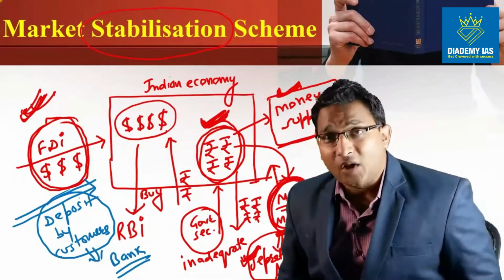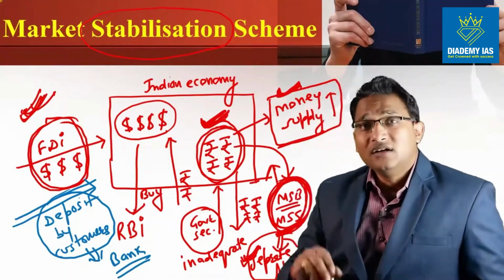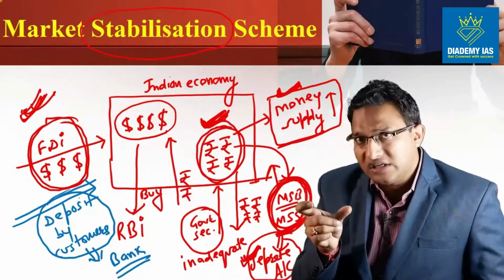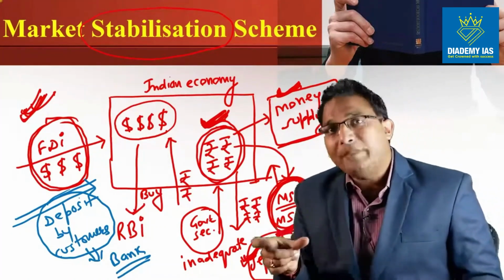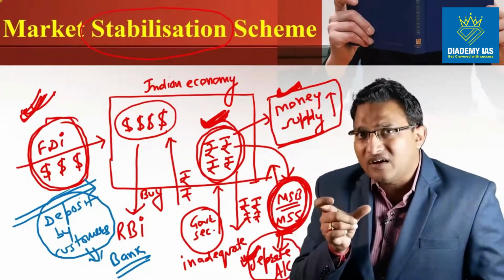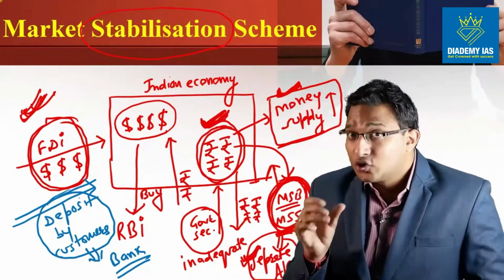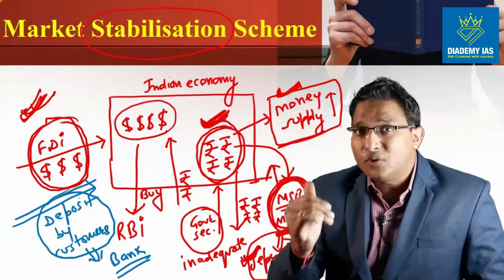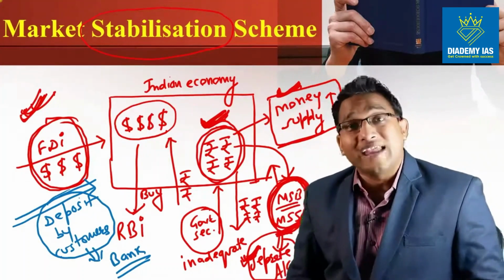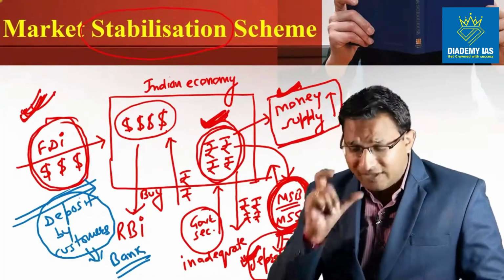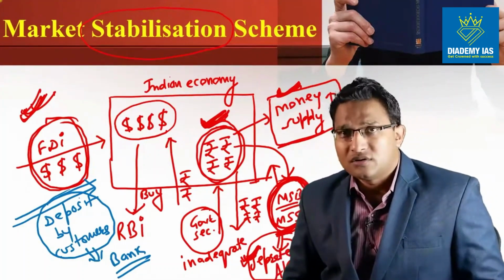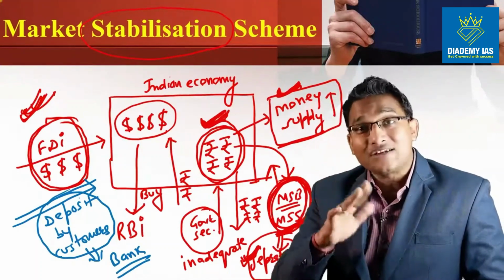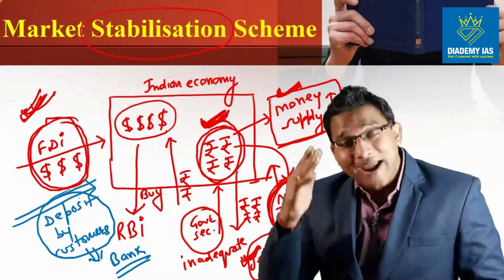So initially what RBI did, initially RBI said that all the money that is deposited in a specific time window, starting from the 8th of November till a particular date, that amount will be treated as the cash reserve ratio. RBI declared that all the money received because of demonetization will be treated as CRR. But the problem arose that in the CRR, there is no interest given by the RBI to the bank.